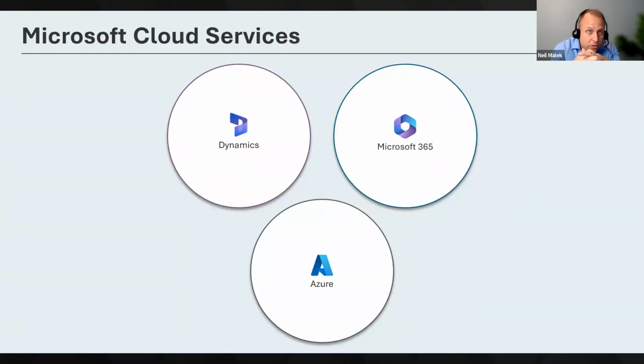Now, I don't know if you know this or not, but Microsoft makes a lot of apps. There's also Microsoft Dynamics, and there's also Microsoft Azure. Azure is for cloud computing. Dynamics is for CRMs and other business intelligence data.